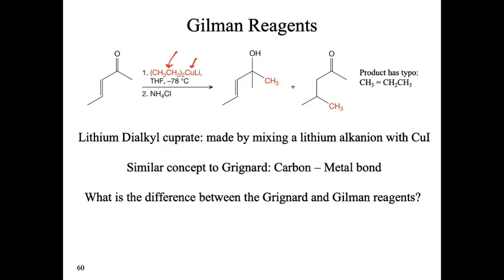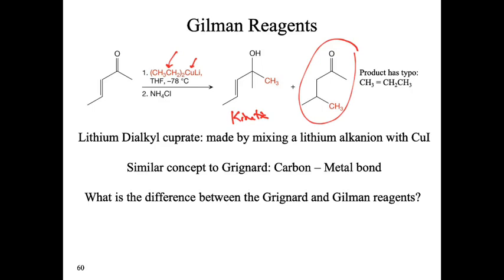What would you say about a carbon nucleophile? Stupidly strong or strong? Stupidly strong, which means what product would we expect? Okay, we would expect our kinetic product. We'd expect the alcohol. What product do we get? We get the thermodynamic.